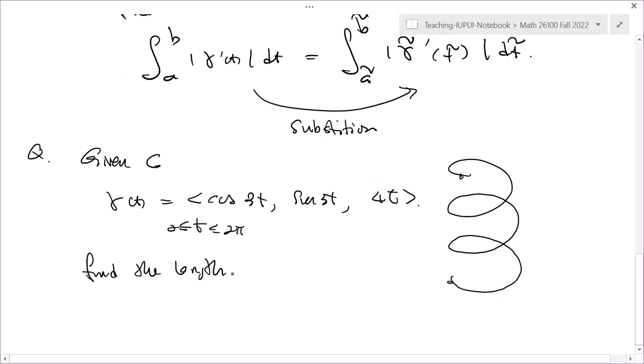Now, the parametrization is already given. I will give you another parametrization later, but this is one of the parametrizations.